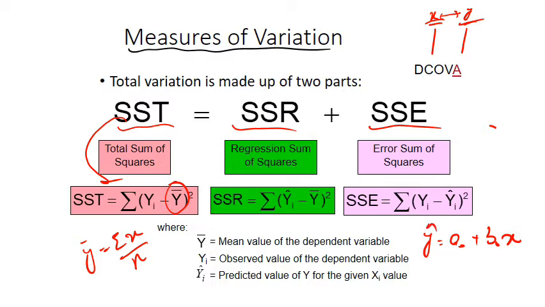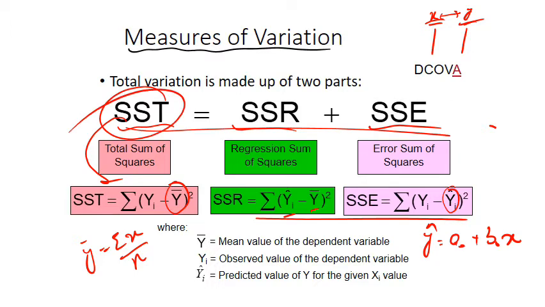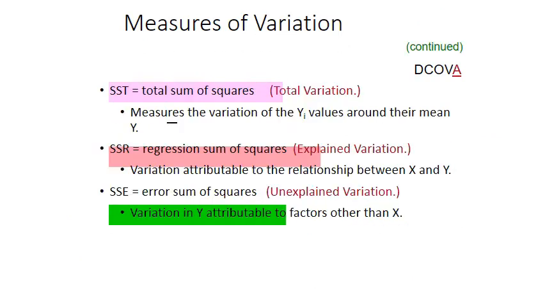So here this is your y hat, this is your y bar, and this is again your y hat. When you calculate all these and substitute them back into this equation, you get total variation, or SST. Although it is a lengthy process, I will give you some direct formulas to calculate it.